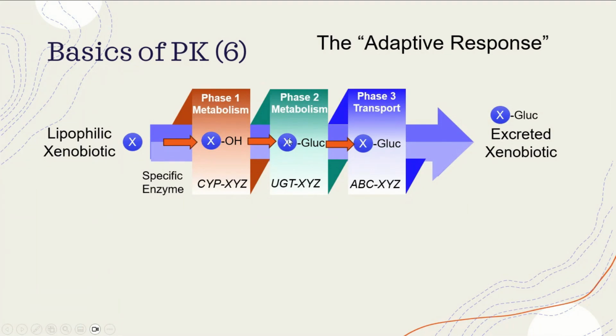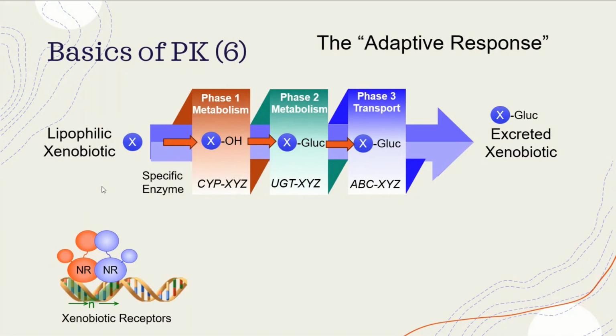This goes through a series of reactions that have specific enzymes that are involved in creating the ultimate excreted xenobiotic. So the faster we can do this metabolism, the faster we can get rid of the xenobiotic and decrease its toxicity. So how do we try to facilitate this process?